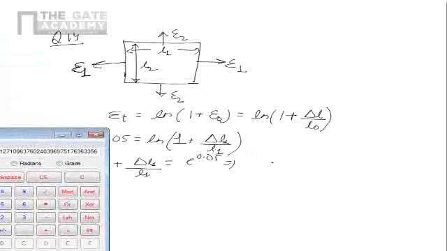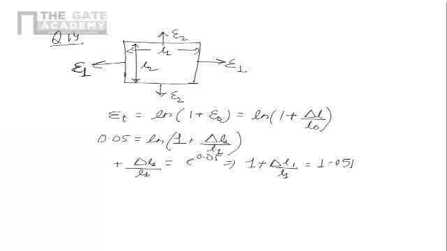So 1 plus delta L1 upon L1 is 1.051. That is the change of the length of the first side.